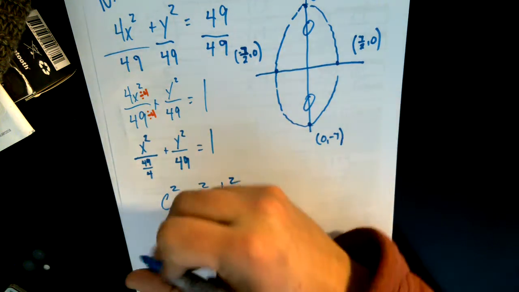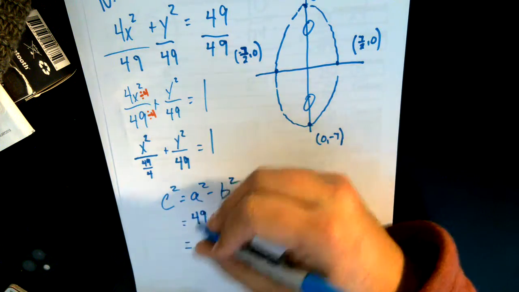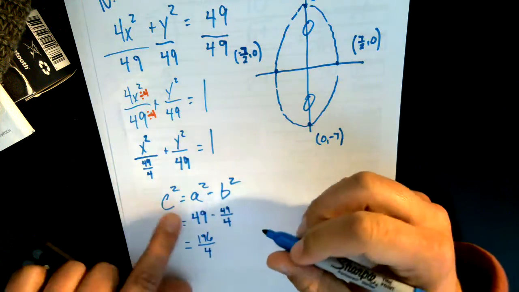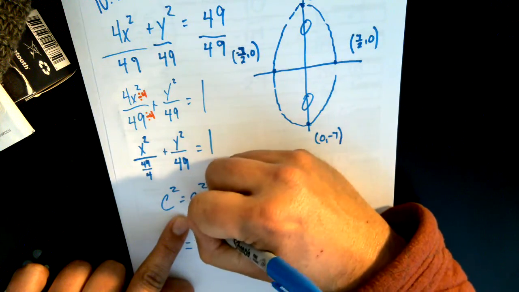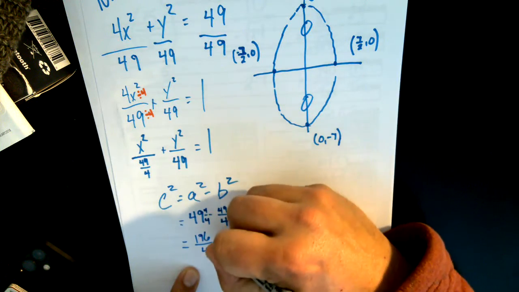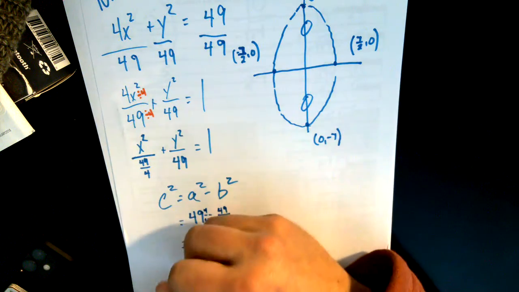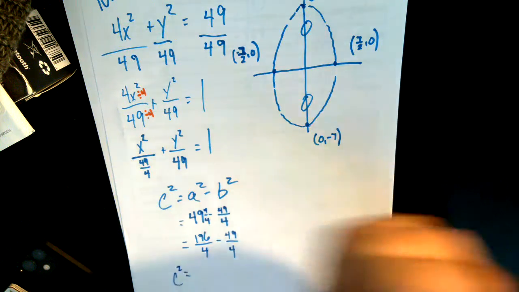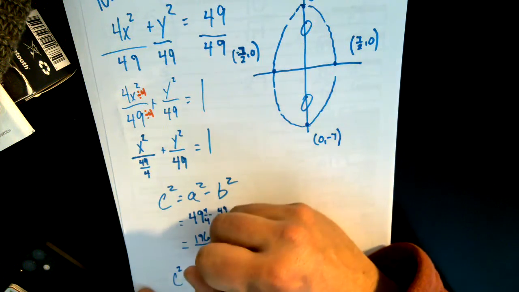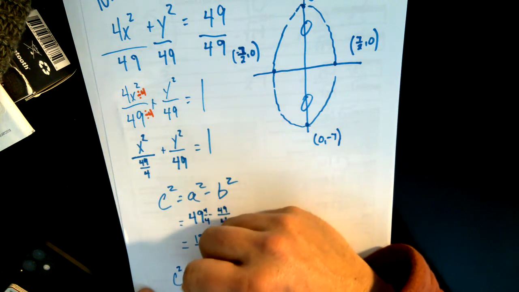Okay, so c squared, let's see. 49 is 196 over 4, so I multiply this by 4 over 4 because I need common denominators to add or subtract fractions. So you get c squared is 147 over 4.